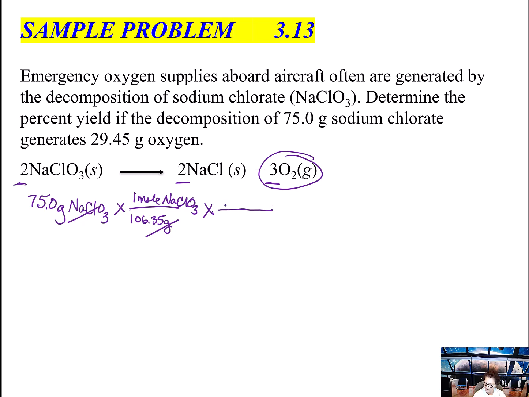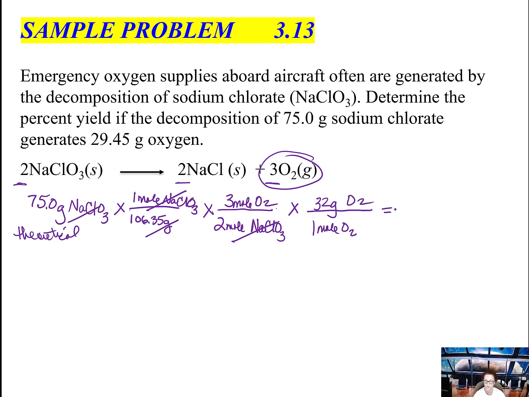For every 2 moles of sodium chlorate, it has to go on the bottom so it can cancel, I'm going to produce 3 moles of O2. Then I need to know how many grams that is, because I'm going to be comparing those grams in a minute to what the actual yield is. Remember, this is my theoretical. If it was perfect, in a perfect environment, this is what I would produce. And it's O2, so there's 32 grams in 1 mole of O2.